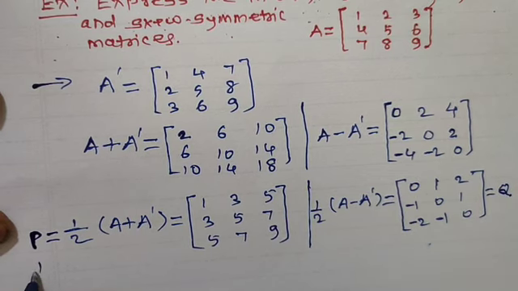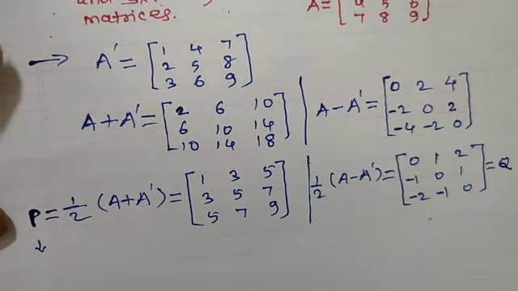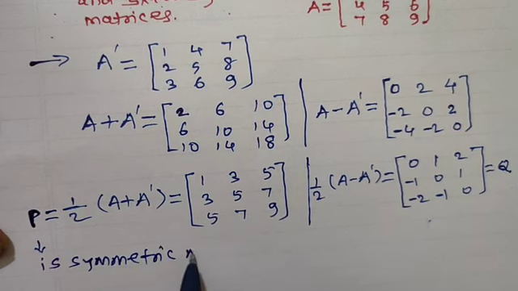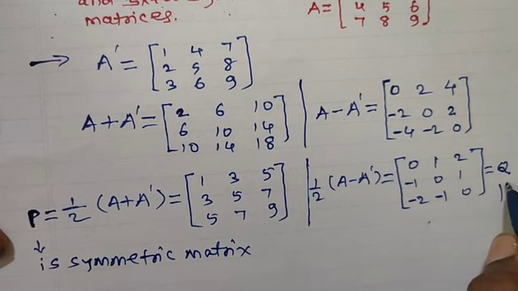Then P is a symmetric matrix. And what about Q? Q satisfies the condition of skew symmetric matrices.